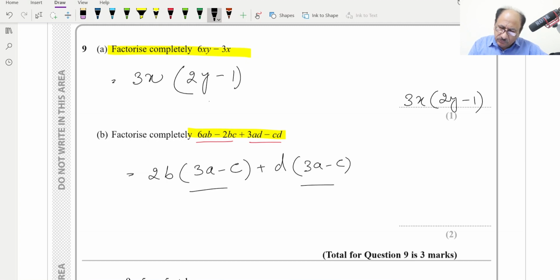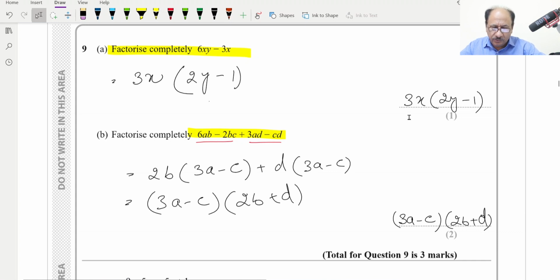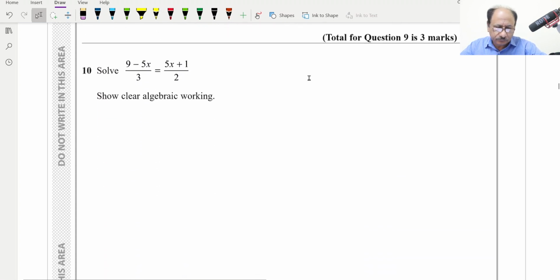Now this portion is also common, so from these two we will take 3a minus c common, and inside will be 2b plus d. So this will be our answer, 3a minus c and 2b plus d. Hopefully you understood this also.